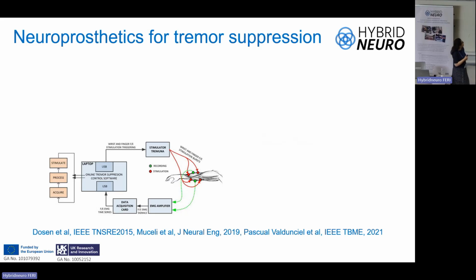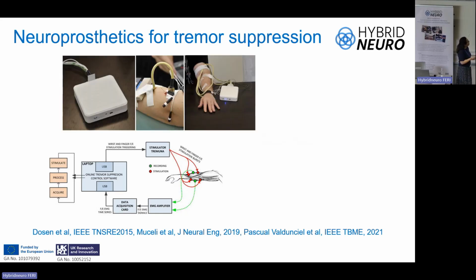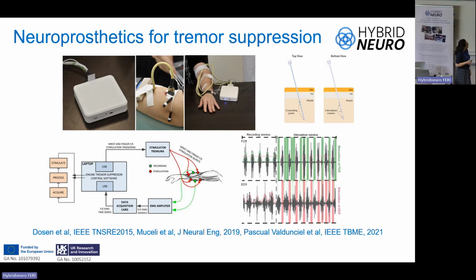The method was proposed in the first study by Steiner Rosen. So the idea was, why not stimulate? We use our electrodes for both recording and stimulation. We place them in the flexor and extensor muscles of the forearm. These are extensors, and these are flexors.